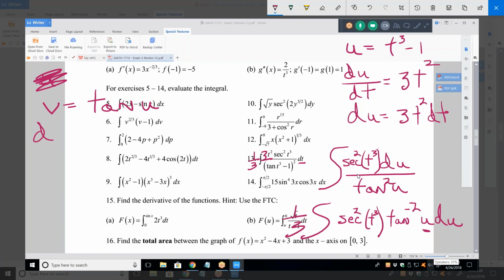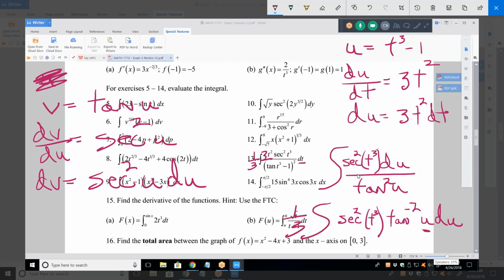And what's dv? dv equals secant squared of u du. So now I can turn this integral possibly into an integral in v. Just a second repetition of using U-substitution.